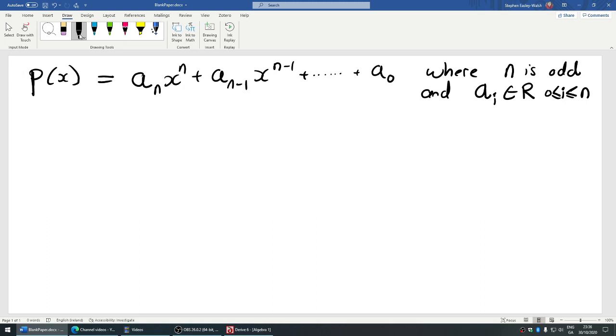Oh, and we should also say that a_n is not 0, because then the polynomial would possibly not be of odd degree. And of course i is natural numbers and so on. You get the idea here. So we have a polynomial of degree n, n is odd, the coefficient on x^n is not 0, and all the coefficients are real then.